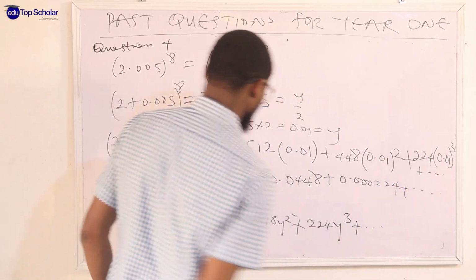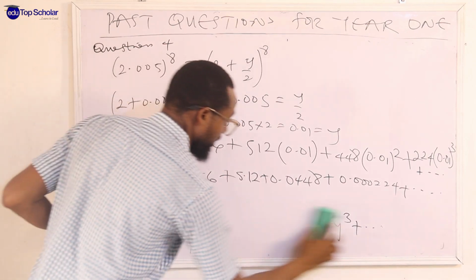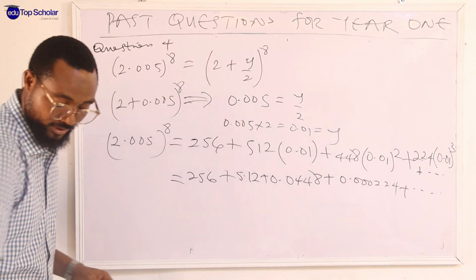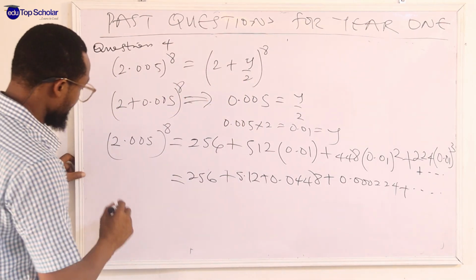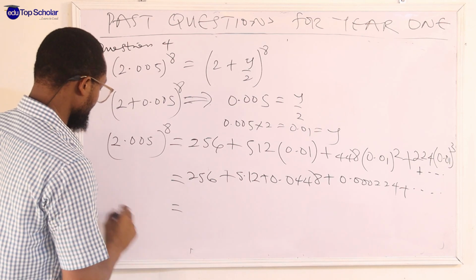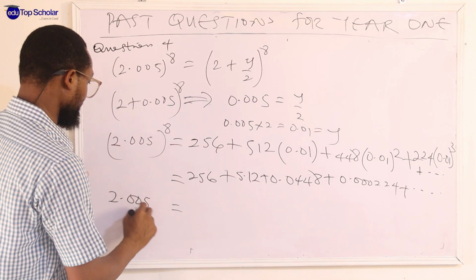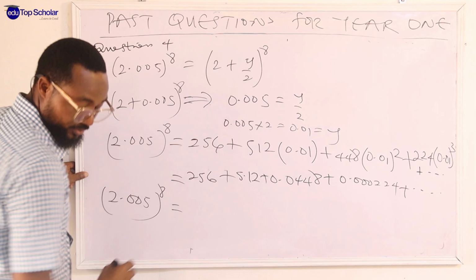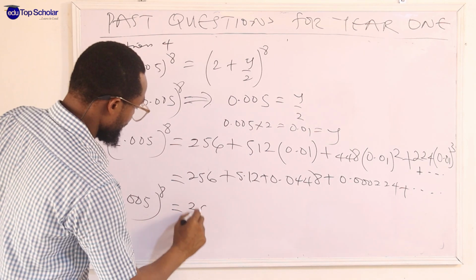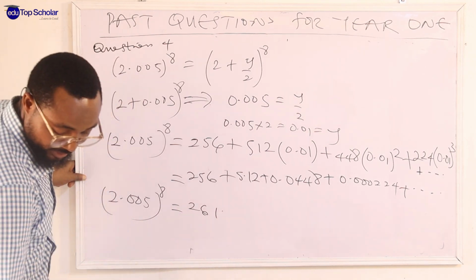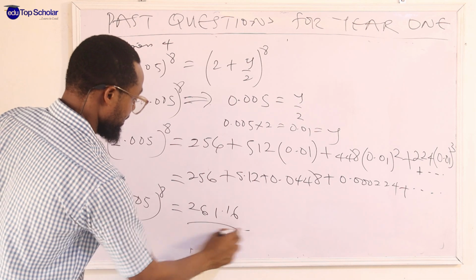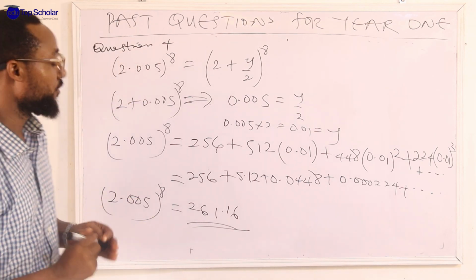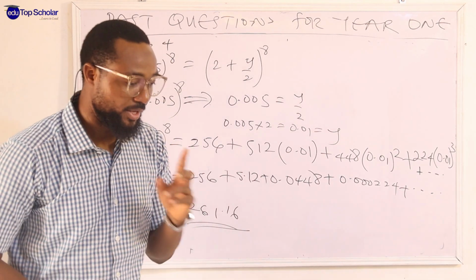And so on. So if we put all of this together, therefore, 2.005 raised to power 8 will give us 261.16, which is the required solution for question 4A.